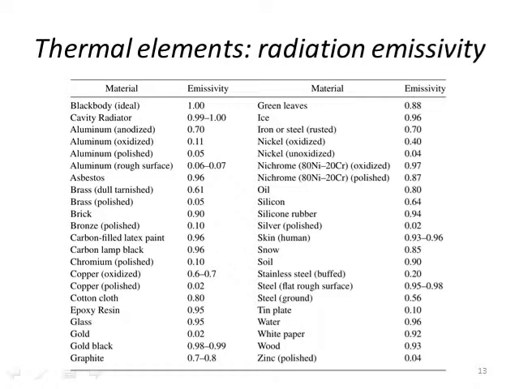Snow is also quite good, 0.85, and water is even better than glass. It's interesting to see these different emissivity parameters depending on the material. It's not always matching our intuition of the materials.